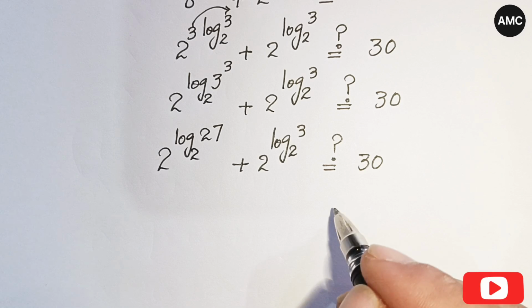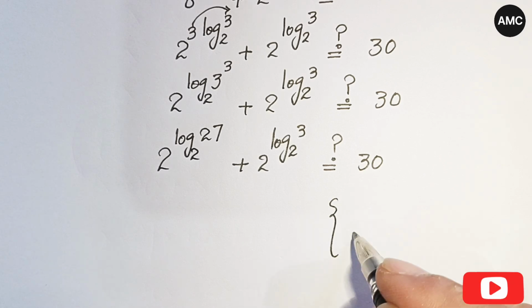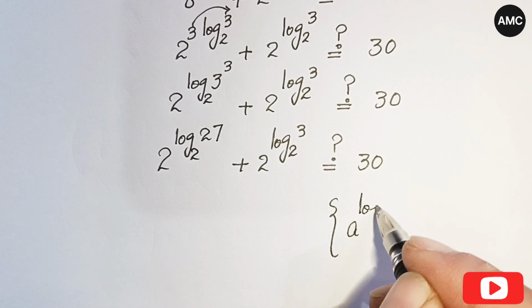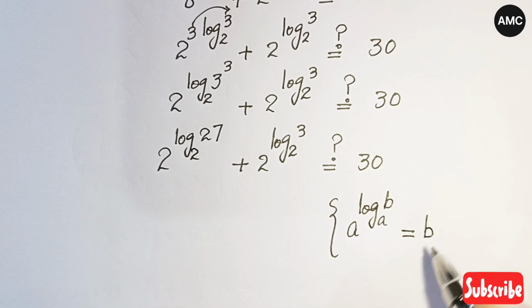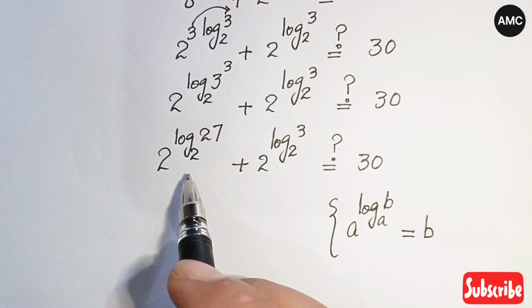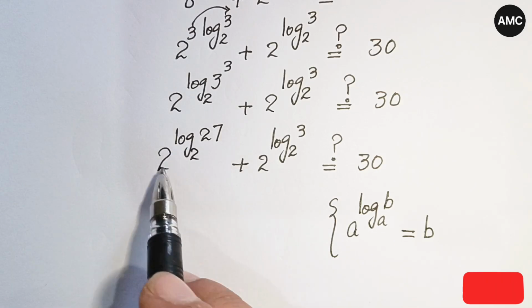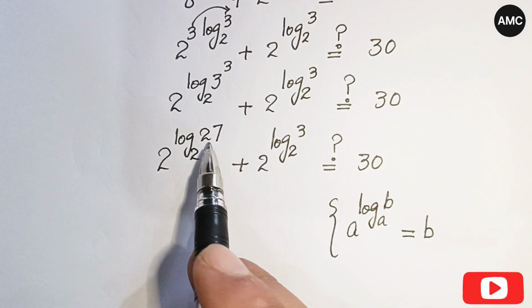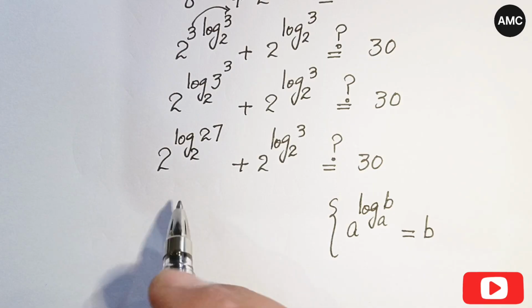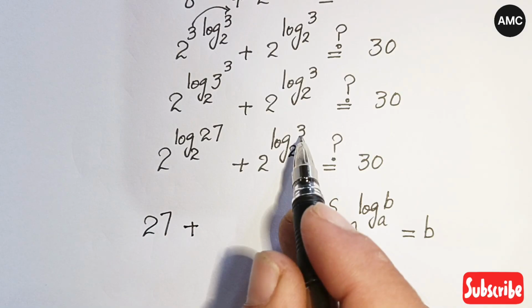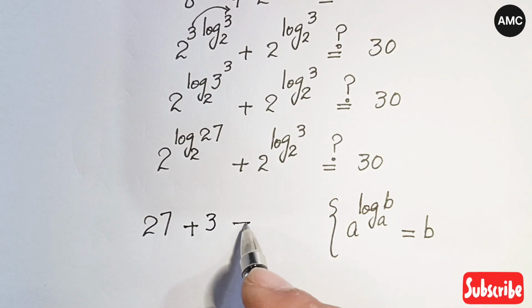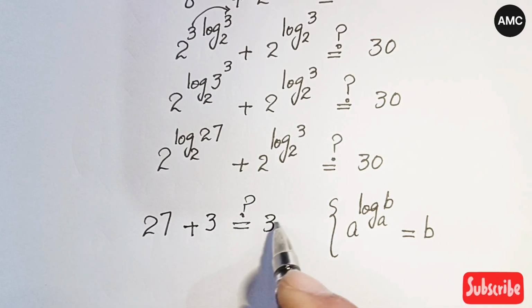Now if we apply the logarithm law, a to the power log b to base a is equal to b, then this value is 27, and using the same law we get 3, is it equal to 30.